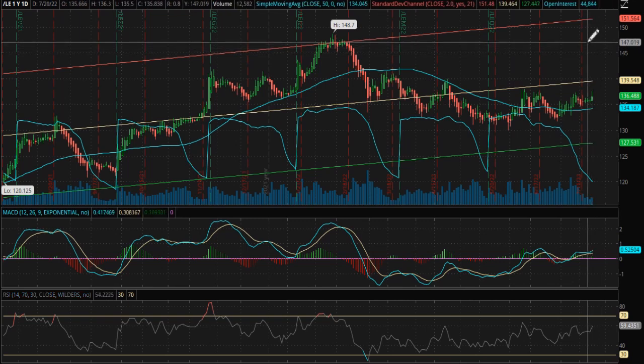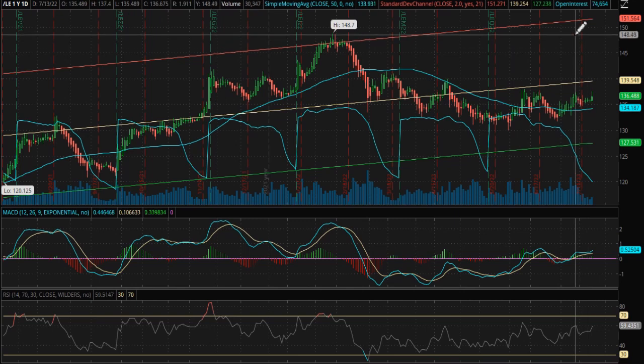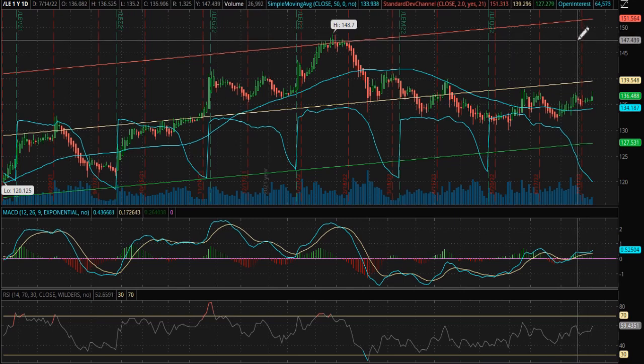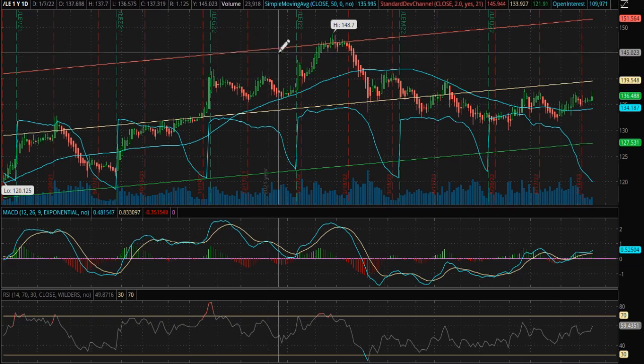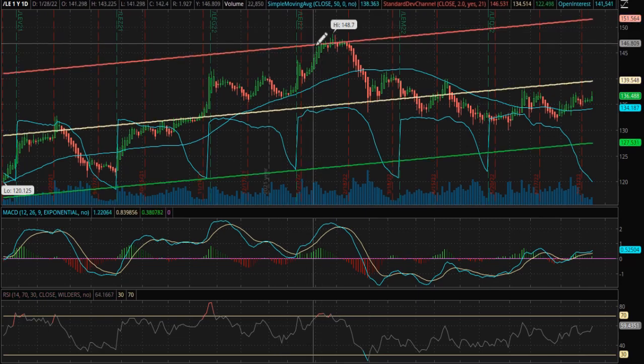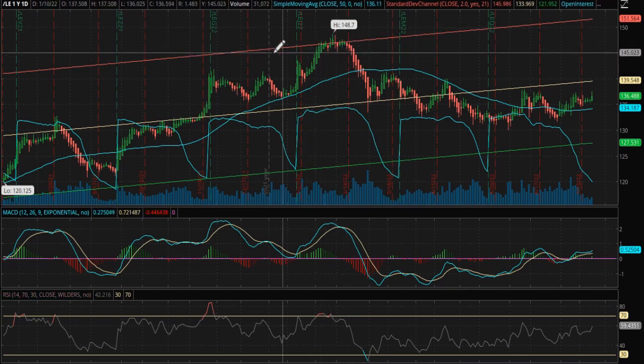I think that was a one-time kind of price increase. I think it will happen again. But I think we're stabilizing to some degree.